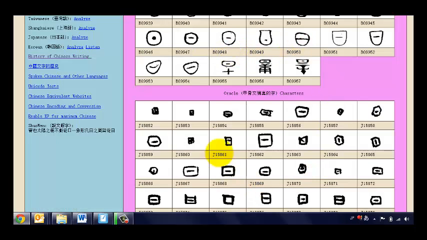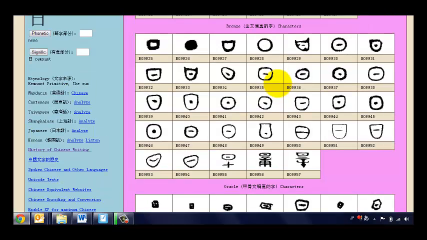Now this is what it looked like. The oracle characters, they were the ones that were written on bones and on shells to divine the future. You can see that's pretty consistently a kind of circly thing with a line through the middle. As we go up to the more modern characters, approximately 3,000 years old and newer, again it's more of a circle and a dot.